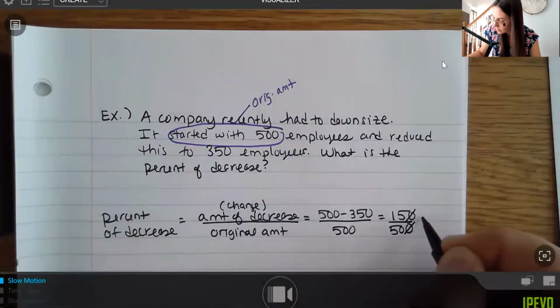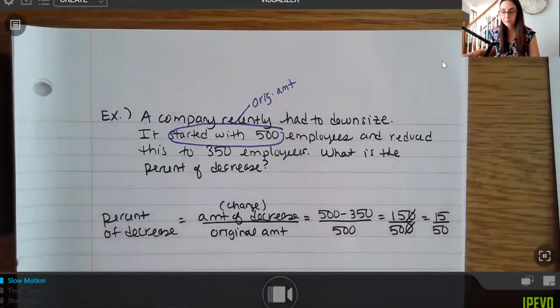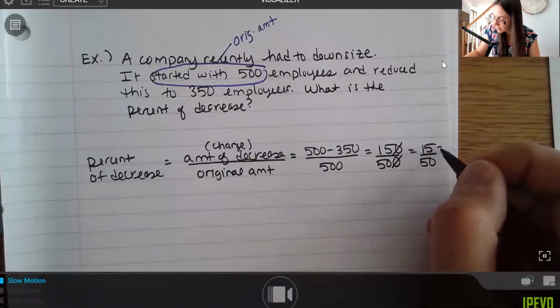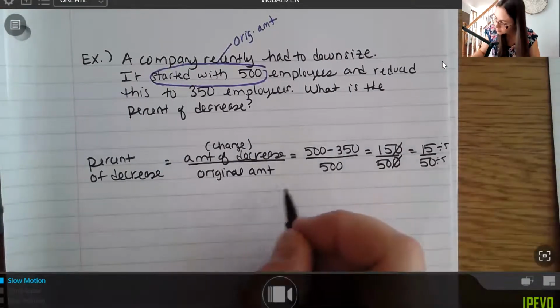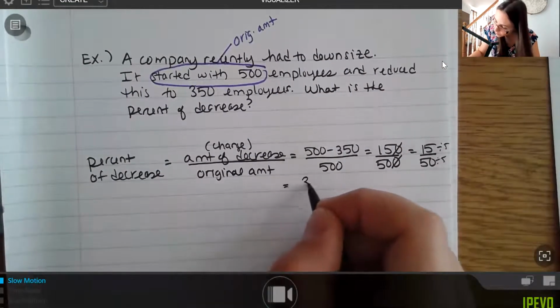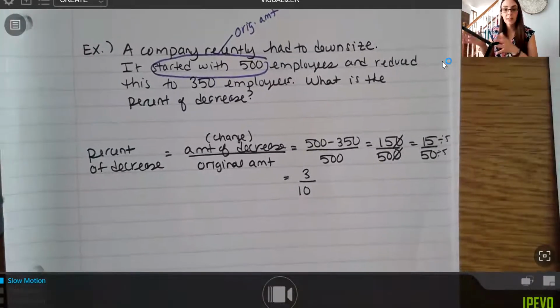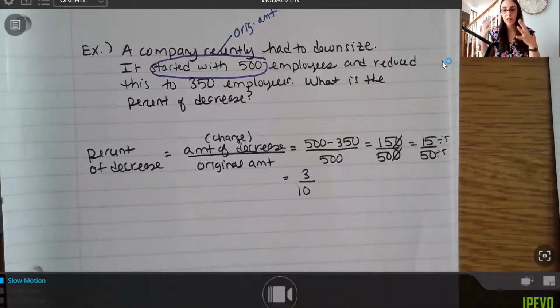I'm just going to actually divide up that 10 at the end there. So I have 15 over 50. I can also simplify this by dividing by 5 over 5. So I get 3 over 10. Now we do have to convert this to a percent at the end. So we're going to multiply it by 100.